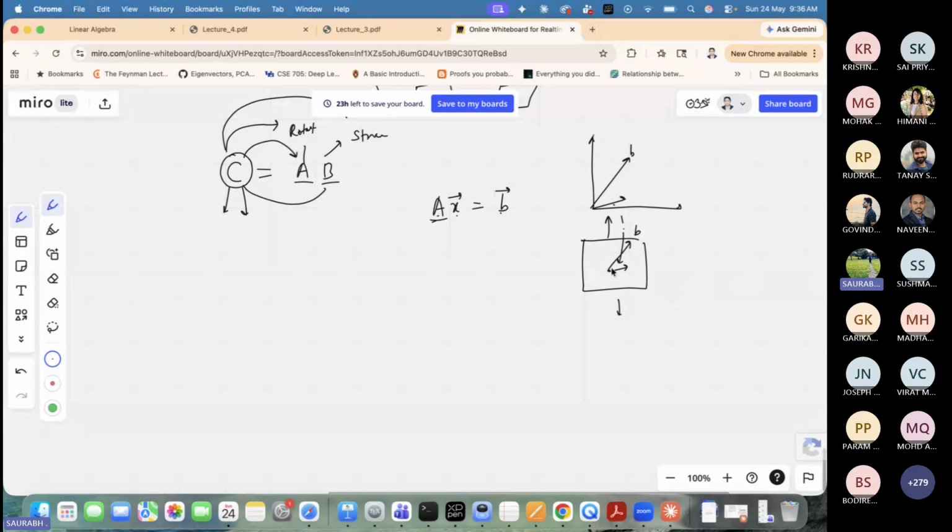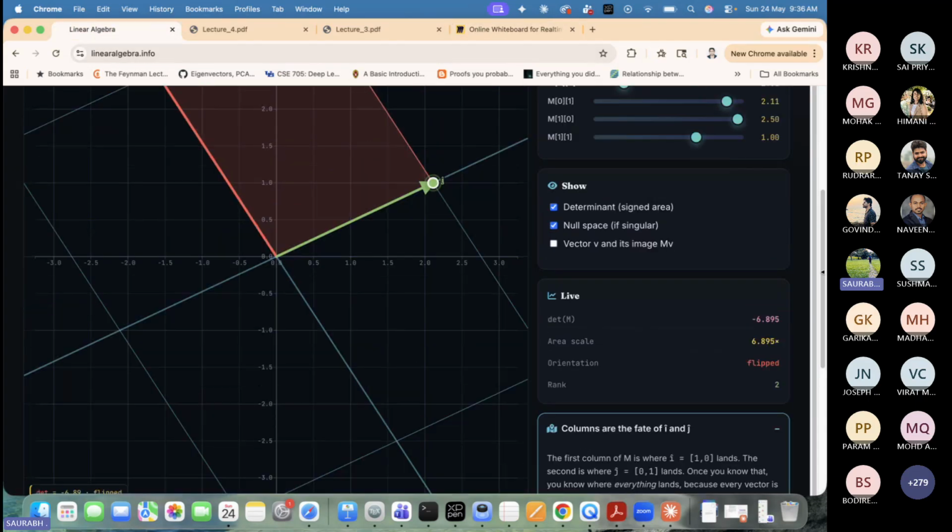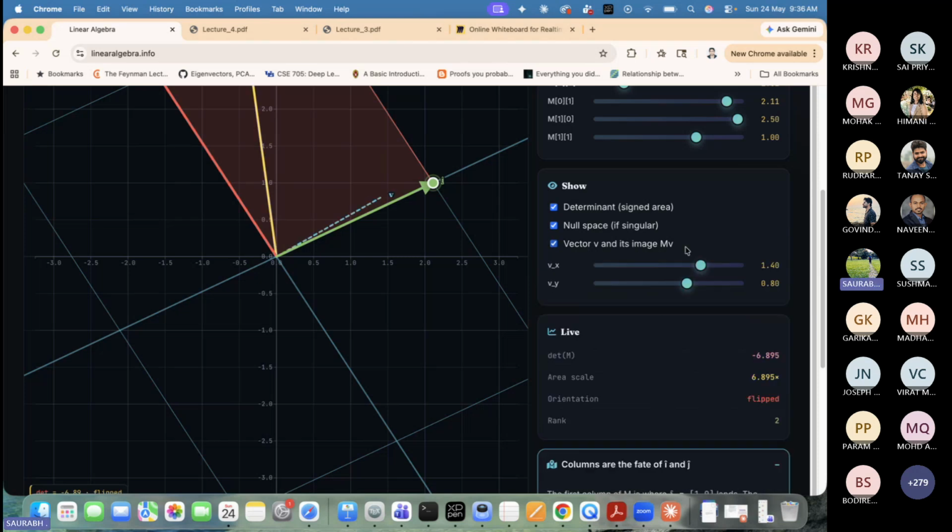So basically, you can think of matrix A as doing the transformation to the entire space such that the vector is getting dislocated. You can also think of it like A is pushing X to B, but you can also think of it like A is doing the transformation to the entire space such that every vector is getting dislocated, right? That's what is shown here in this particular case, right?